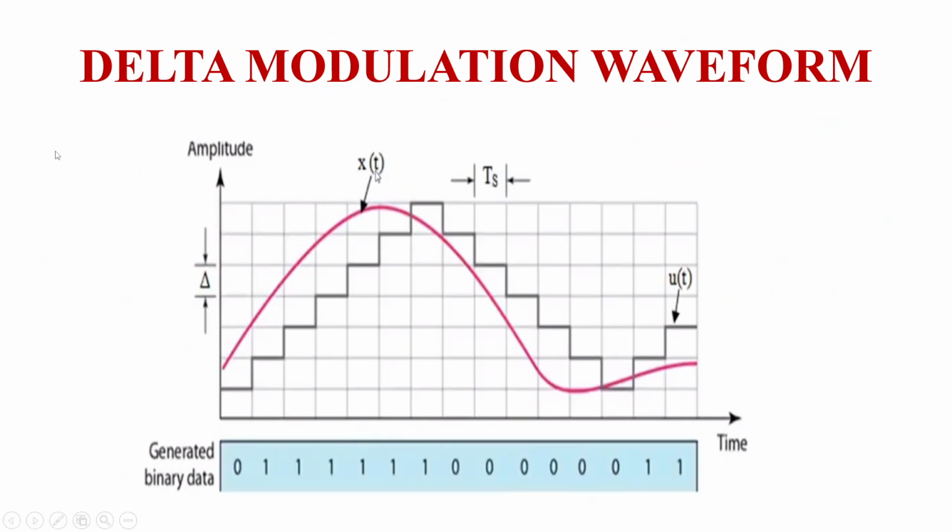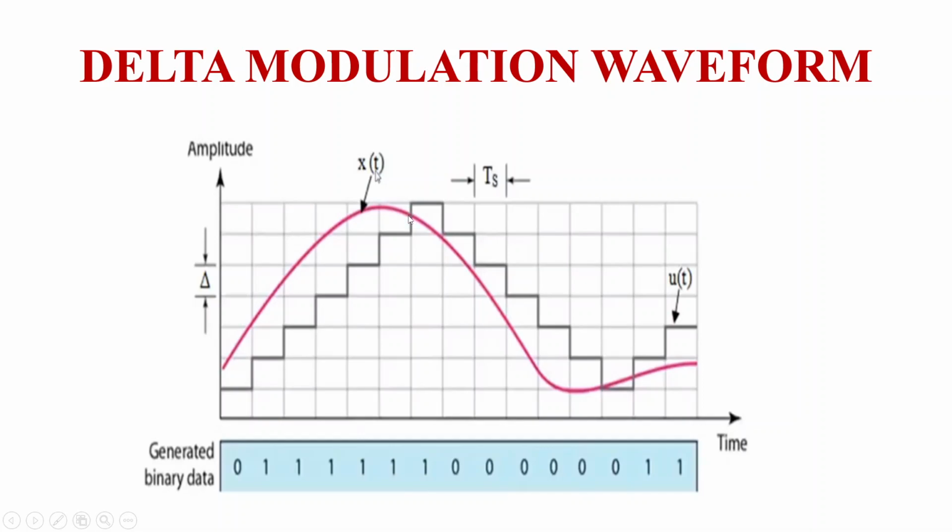This is what I have explained. This pink color waveform is our information signal, and this staircase step signal is our approximated signal. Here the approximated signal is less than the actual original signal, so bit 1 is transmitted and it got incremented. Likewise it got incremented at each and every point up to here, so bit 1 is transmitted.